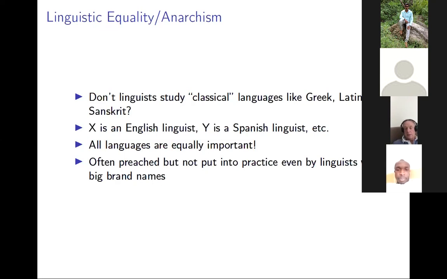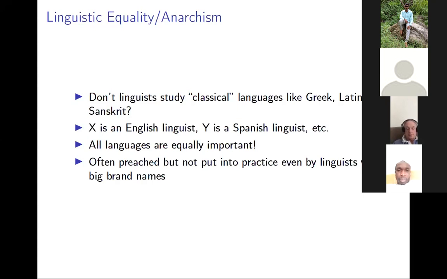But then if you actually examine their beliefs and examine their practice, then you see that there are a lot of problems here. So there is a hierarchy among languages in the real world. We know that.